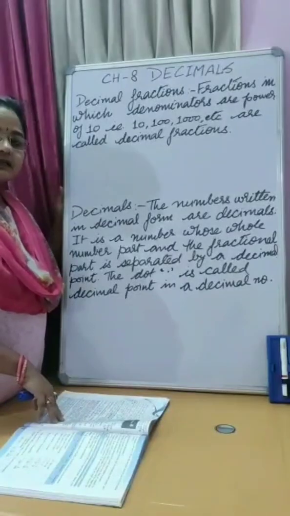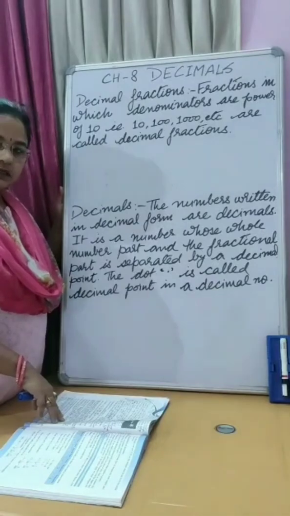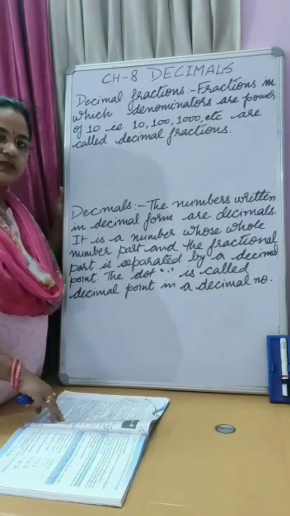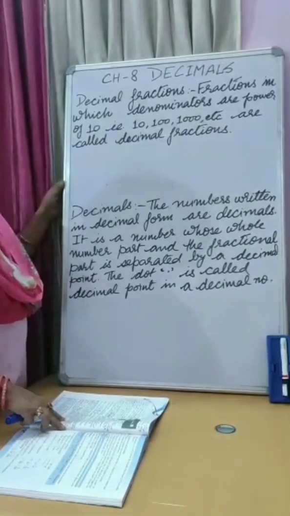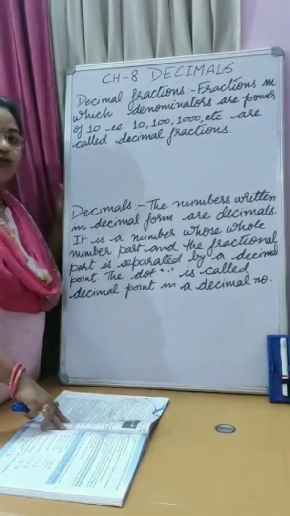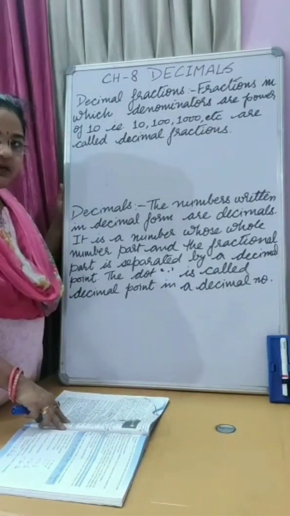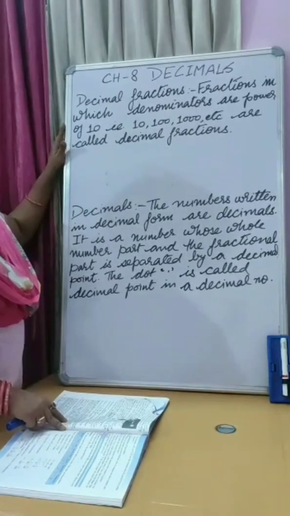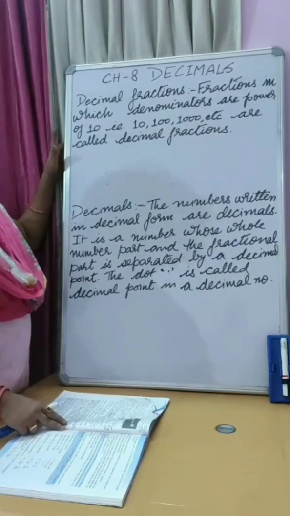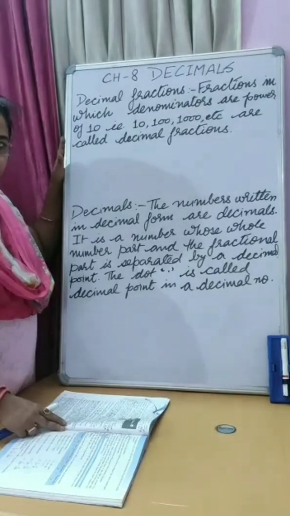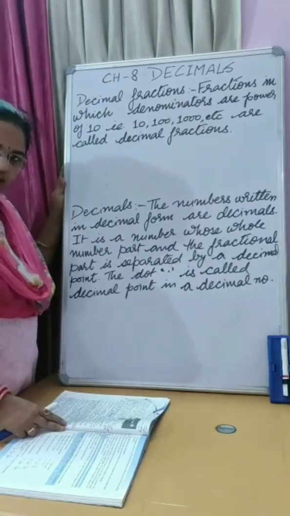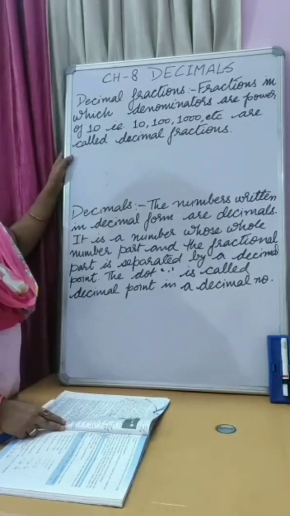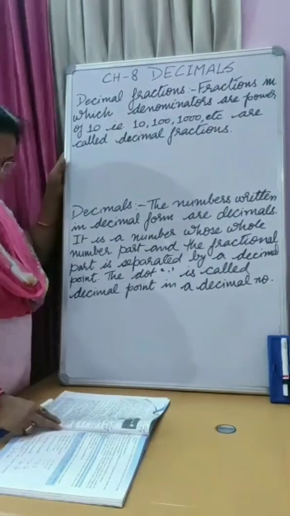Now children, let us see some terms and their definitions with some examples. Decimal fractions. What do we mean by decimal fractions? Fractions in which denominators are powers of 10, that is 10, 100, 1000, 10,000, etc., are called decimal fractions.